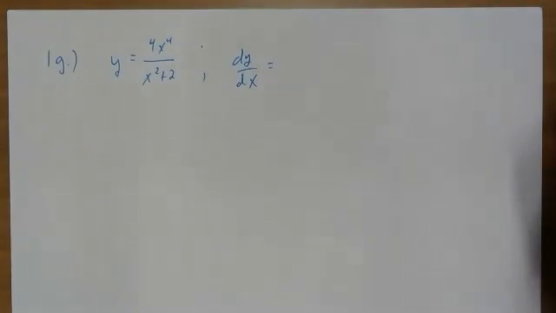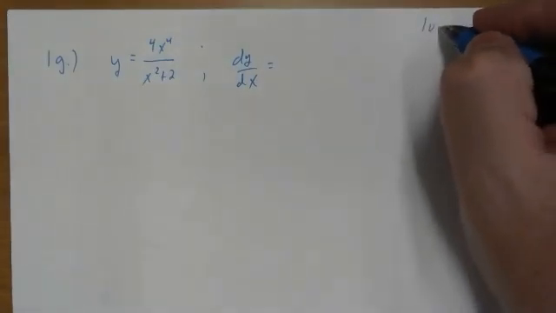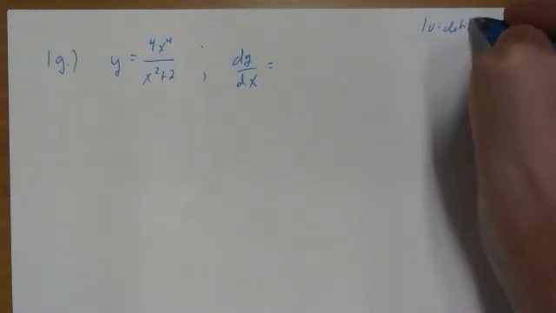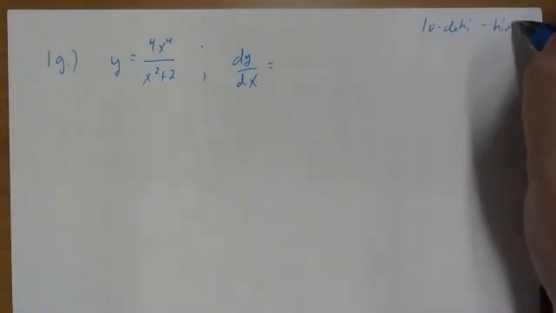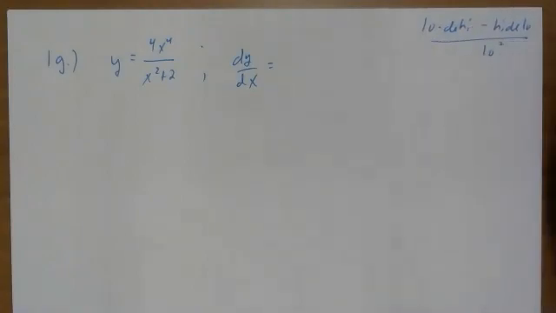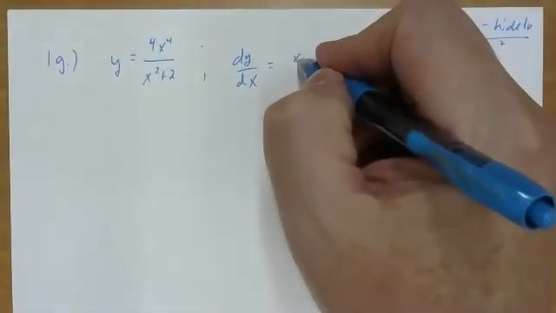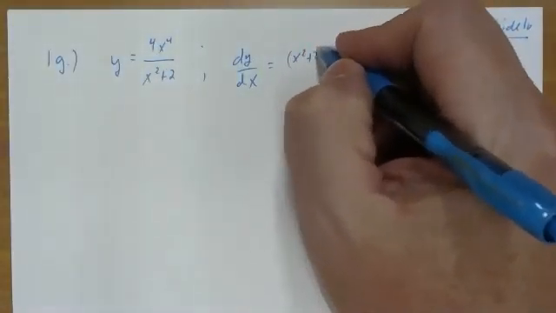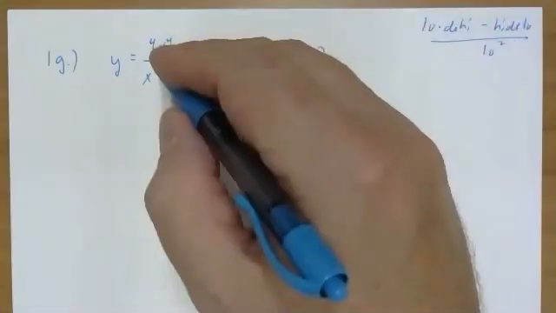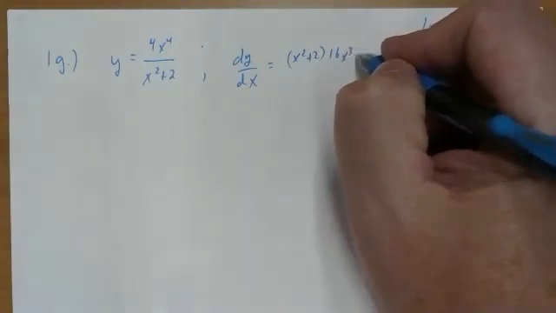For the derivative, I use quotient rule, which is low d high minus high d low over the low squared, right? So low d high, derivative of 4x to the 4th is 16x to the 3rd.